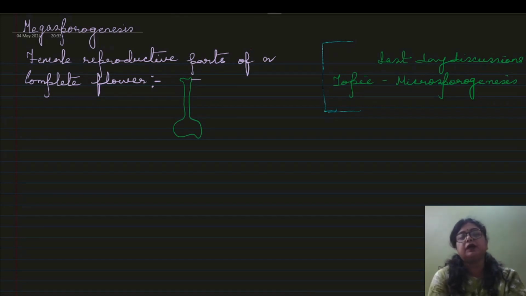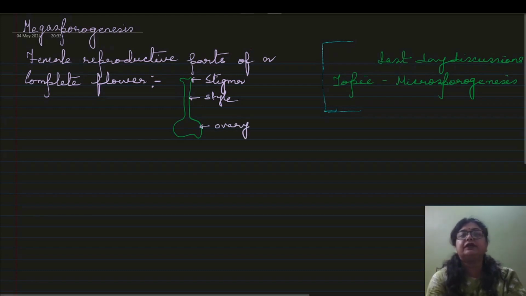So these are the parts you have read in class 10: the stigma, the style, and the ovary. You know all this, very common. And inside the ovary there is a structure.